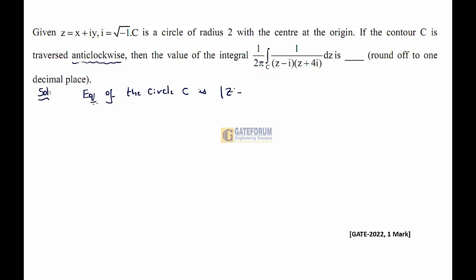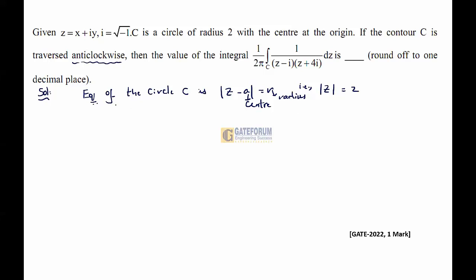That means mod z minus a is equal to R; a is the center and R is the radius. That is your curve equation: mod z is equal to 2.